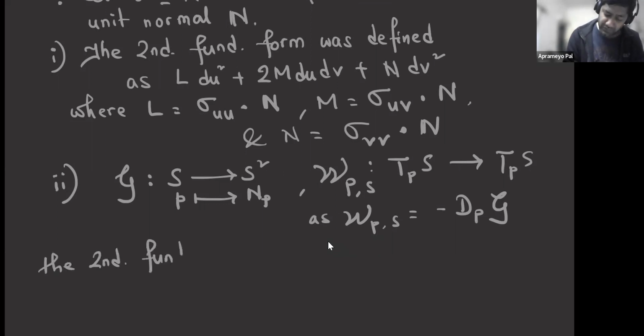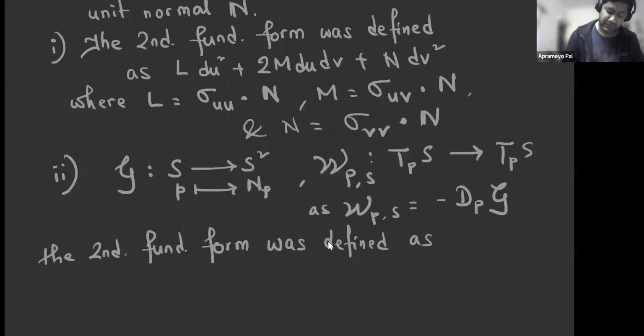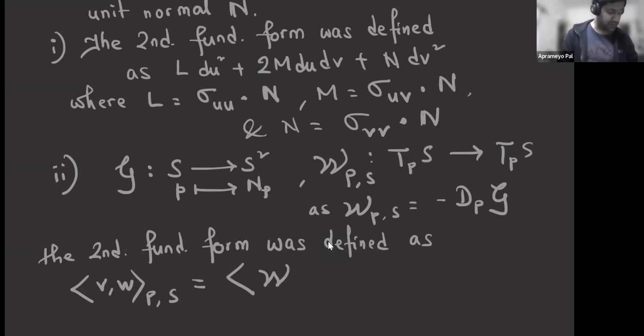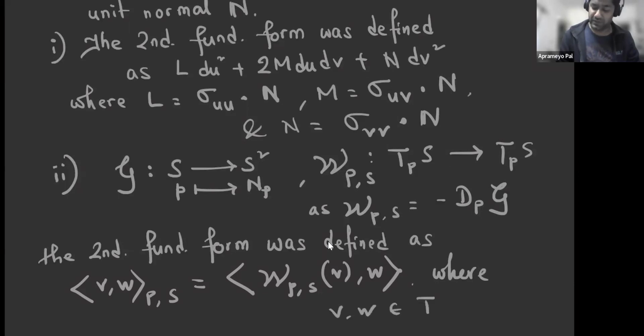And then the second fundamental form was defined as the bilinear form on T_P S, taking the inner product of W_P of v with w, where v, w were elements in T_P S. Yeah, and we have already seen that this definition and this definition gave the same bilinear form.